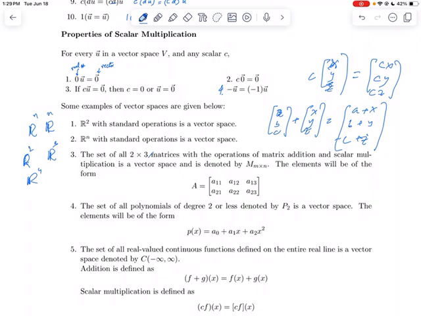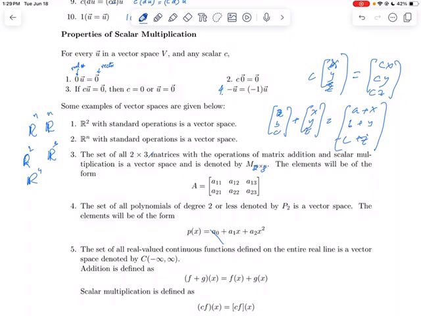Number 3 is the set of all 2 by 3 matrices with the operations of matrix addition and scalar multiplication, which is a vector space and is denoted by M23.